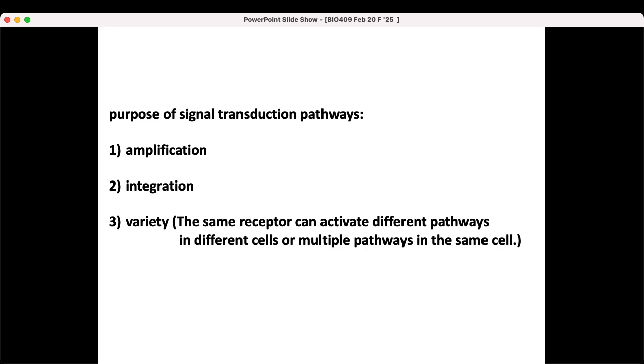And one thing is this: amplification, integration, and variety. The same receptor can activate different pathways in different cells or multiple pathways in the same cell. So now we're going to learn more, and we're going to do that thing where we've learned for receptor tyrosine kinase, one of the common signal transduction pathways is the RAS MAP kinase pathway. So here comes that second one, okay?